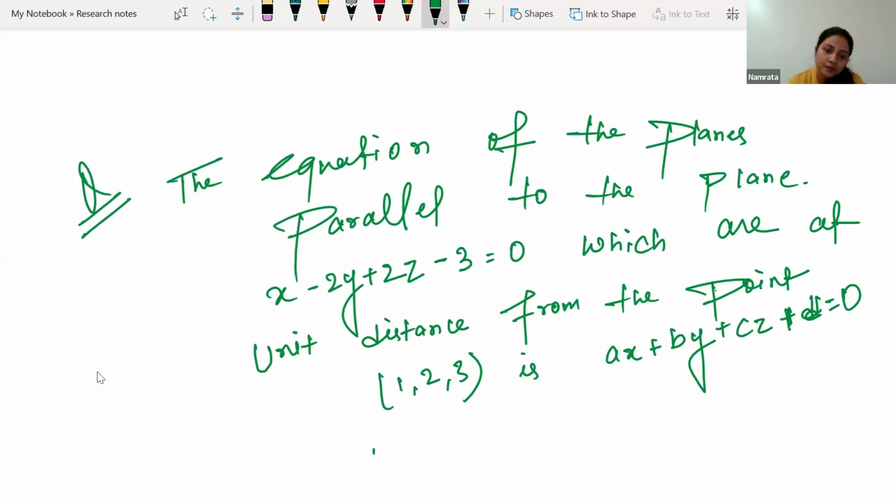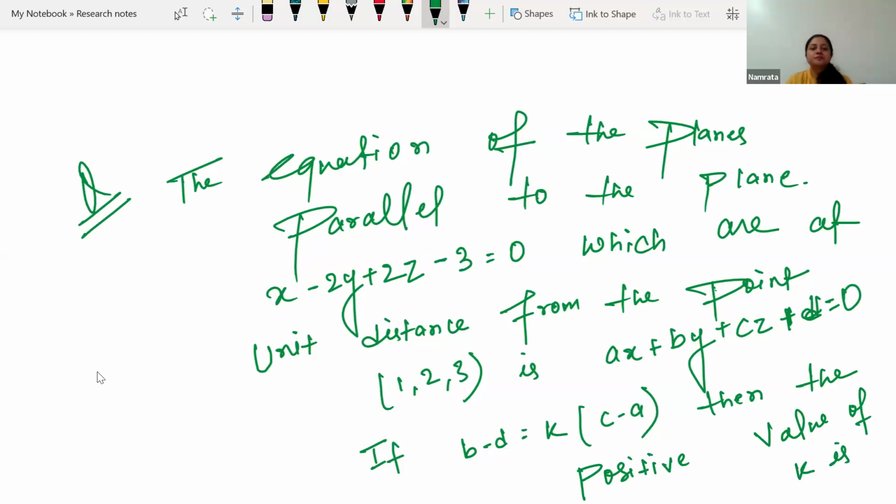If b minus d is equal to k times (c minus a), then the positive value of k is... okay, let's do it.